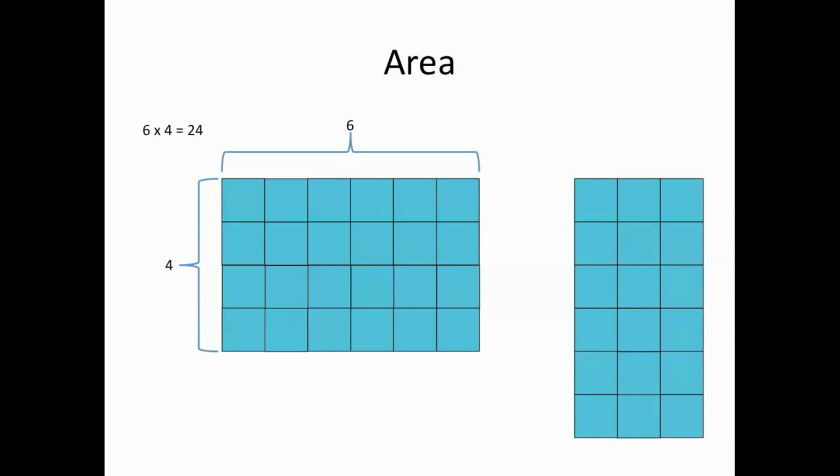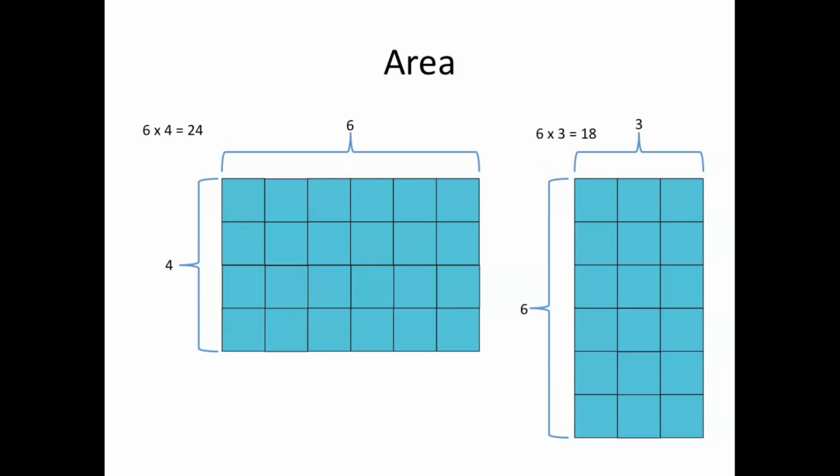Same way, if we cover the second rectangle with the unit squares, we end up with 6 along this side and 3 along this side, and instead of counting each box individually, we could just multiply them and we end up with 18 unit boxes. So the area of the second rectangle is 18 unit squares.